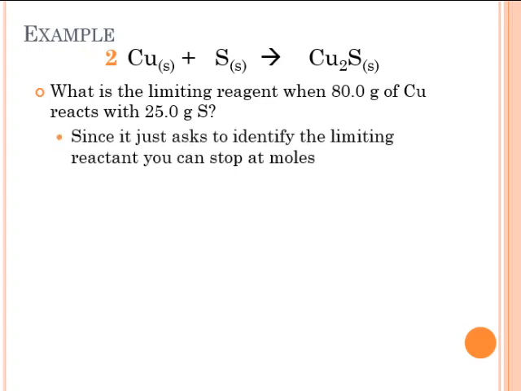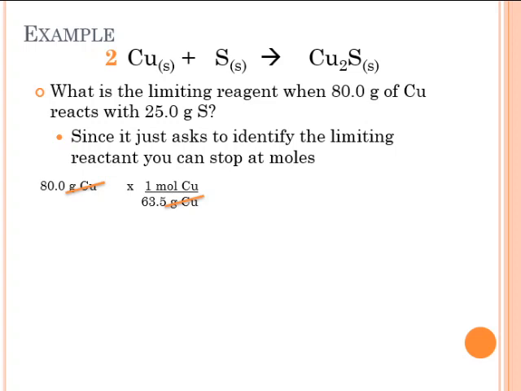But you're going to need to identify the limiting reactant. And you can stop at moles because you can compare moles of one molecule to moles of another. So if we start with 80 grams of copper, we need to convert it to moles. So we're going to use its molar mass. And our grams of copper are going to cancel. We're going to be left with moles of copper.